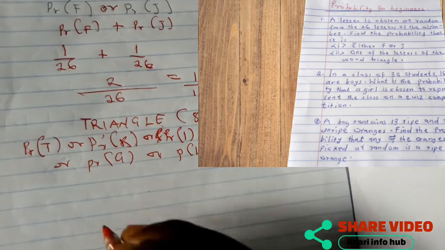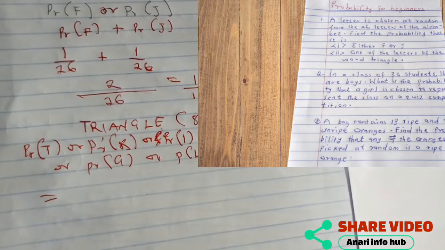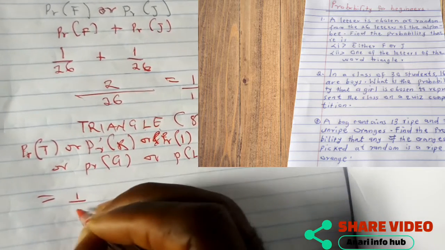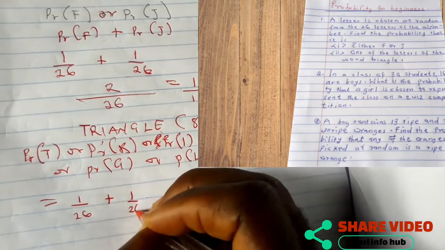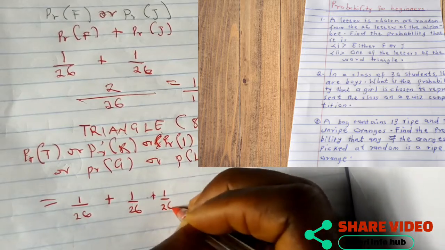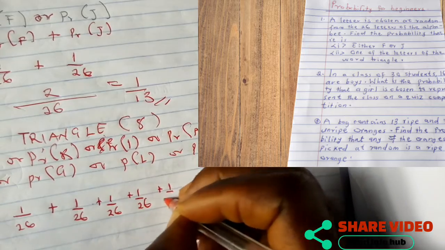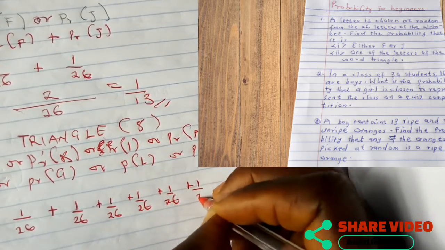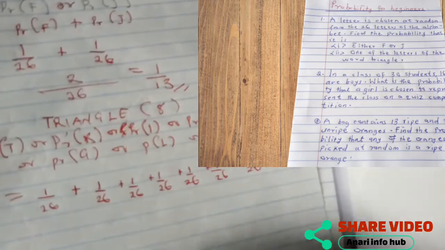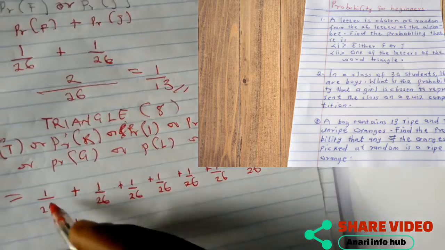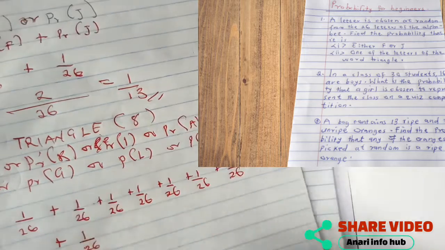Now this is equal to, because each of the letters appears once in the alphabet, 1 over 26 plus 1 over 26 plus 1 over 26, and so on, eight times.